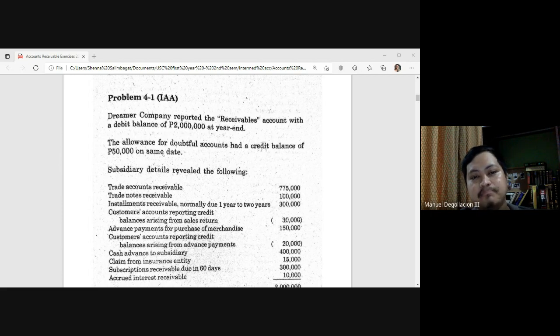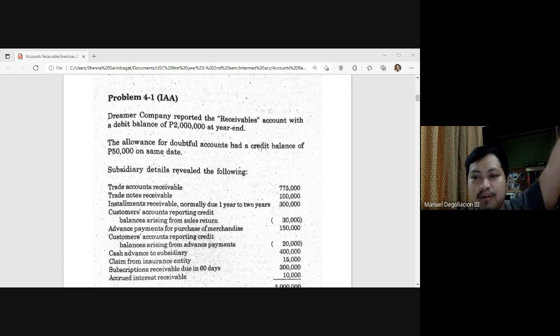Moving on, class. Another important takeaway for you should be the initial measurement and subsequent measurement for receivables. Accounts receivable, class, just like any other receivable, is to be initially measured at fair value. Okay, but since the term surrounding your accounts receivable, class, is only for a short term, supposedly the fair value is going to be the present value of the cash flows that you will expect to receive.